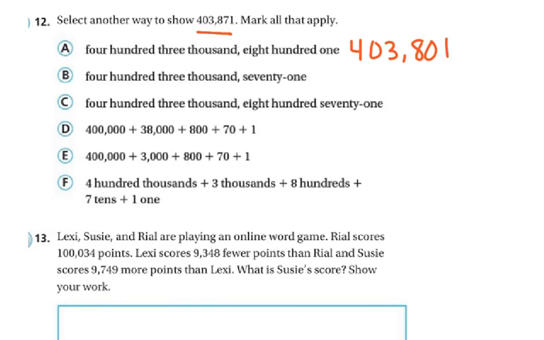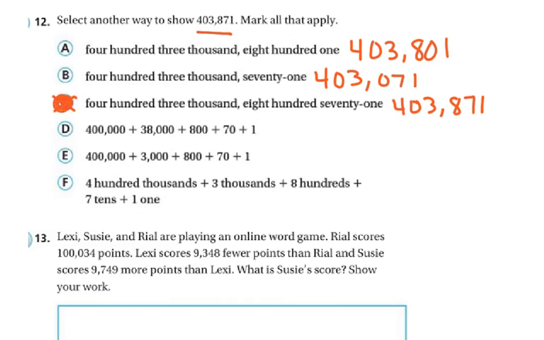So 403,071. Well, that one forgot the 800 part of the 871, so that one does not work. This next one says 403,871. Yes, that does look like my answer.